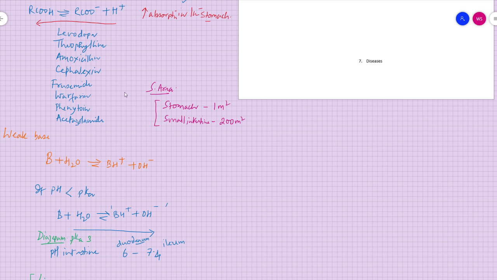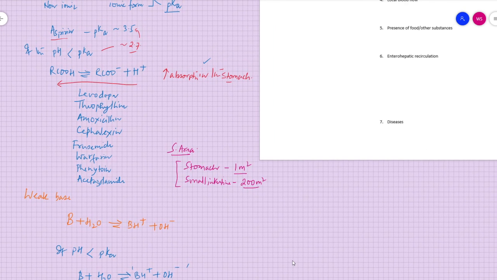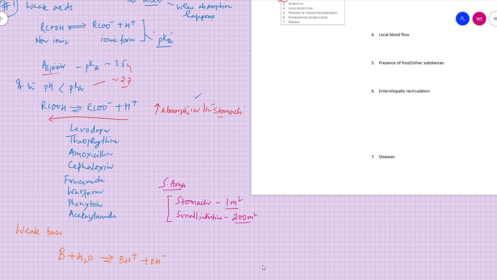So as a result, even these drugs get absorbed in the intestine, because the surface area is greater than that of the stomach. So aspirin, though we say it is absorbed in the stomach, a considerable amount of aspirin is absorbed in the small intestine as well. That's to do with the difference in the surface area. So we need to remember this caveat when we talk about the effect of pH on absorption of drugs.